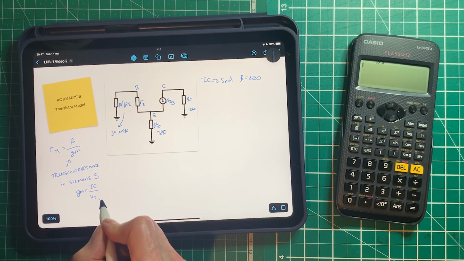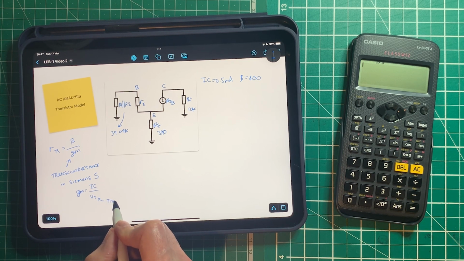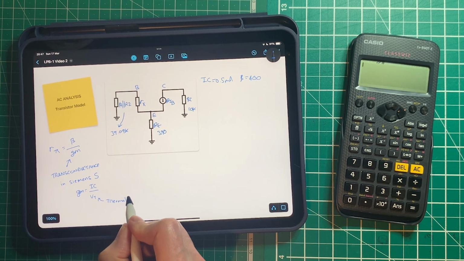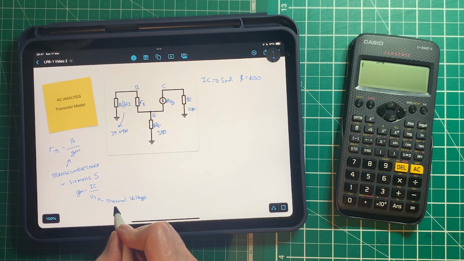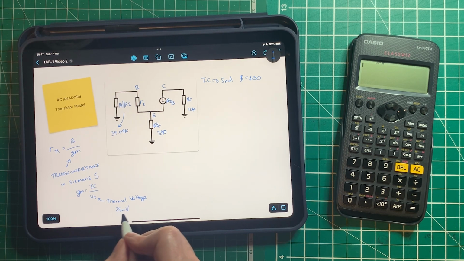And we haven't come across this yet either. This is thermal voltage. And you'll be pleased to know that it's the same at room temperature as 25 millivolts. Some people use 26, so you'll probably see 25 or 26 used in calculations.